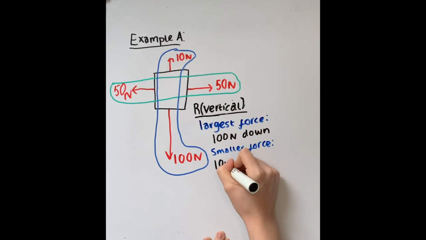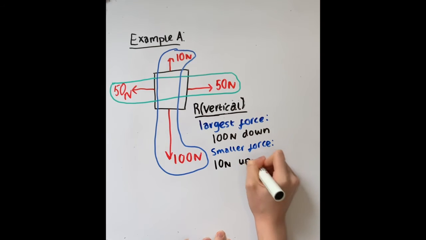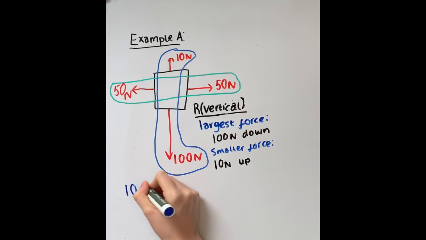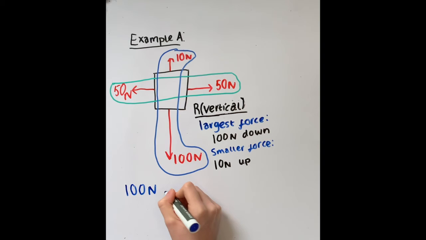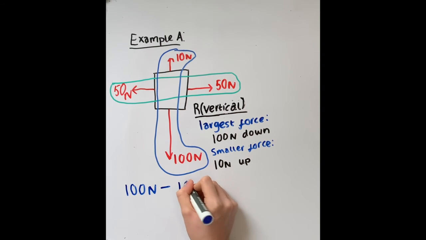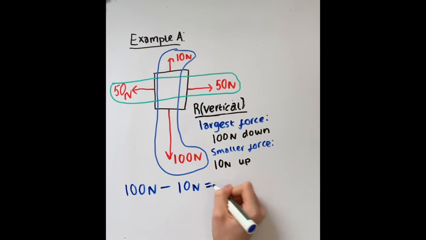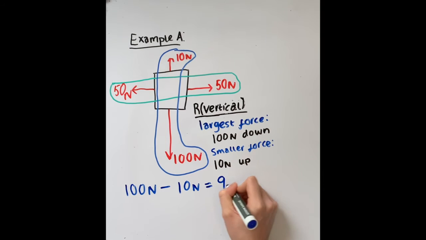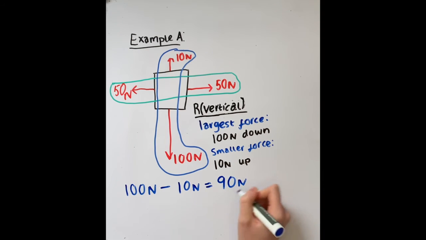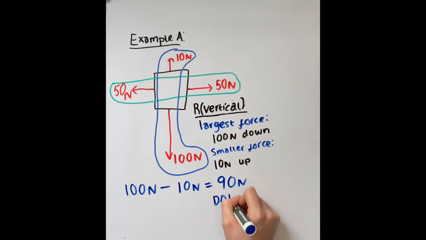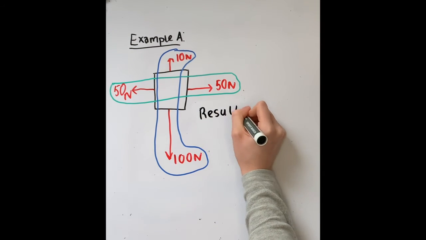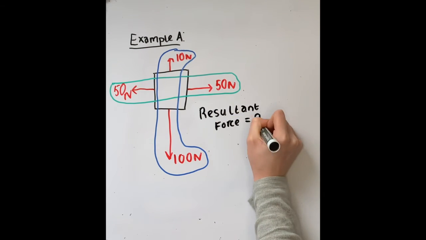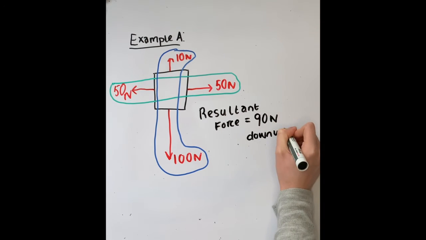Now we just need to find what this number is. So to do this, we take the larger force of 100 newtons and we minus from it the smaller force of 10 newtons. And this gives us an overall force of 90 newtons downwards. We have found out our resultant force vertically is 90 newtons downwards.